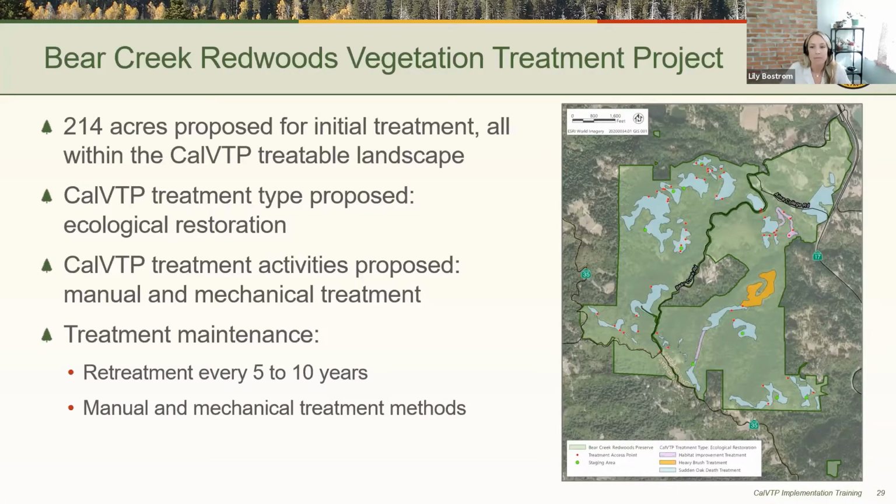The CalVTP treatment type that was proposed is ecological restoration, and the CalVTP treatment activities that would be used are manual and mechanical treatments. Ongoing treatment maintenance would occur every 5 to 10 years as needed using manual and mechanical treatment methods. And the non-contiguous treatment areas are shown in this figure on the slide. Next slide, please.